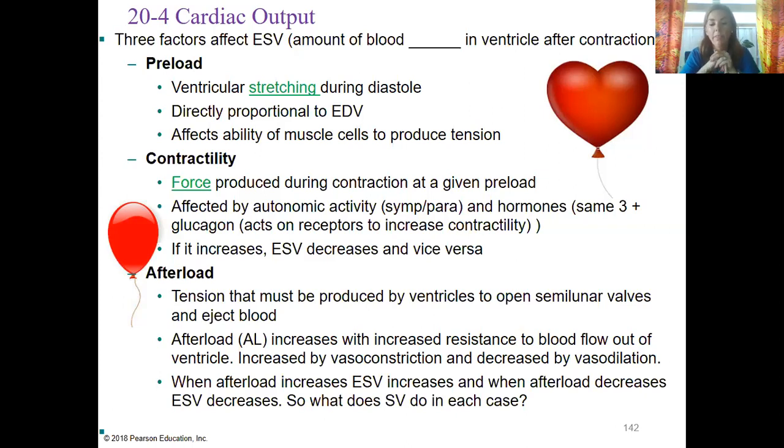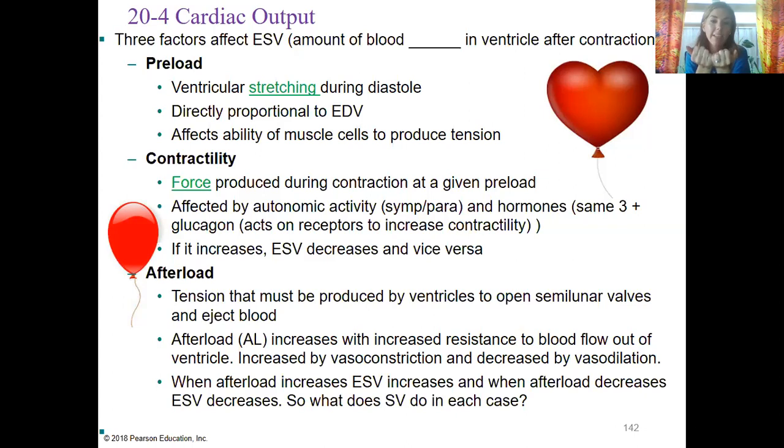So if we have an increased afterload, the reason the ESV is going to increase is because remember, ESV is all about what's remaining in our heart, what was not able to leave. Remember, stroke volume, what was not able to leave?